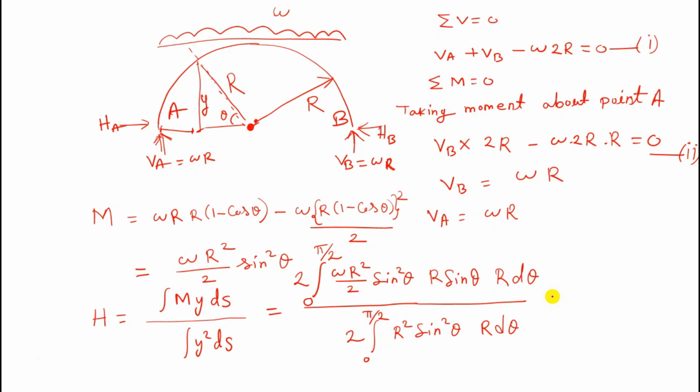So the answer will be 4 by 3 W R by pi. So this is the horizontal thrust, 4 by 3 W R by pi.